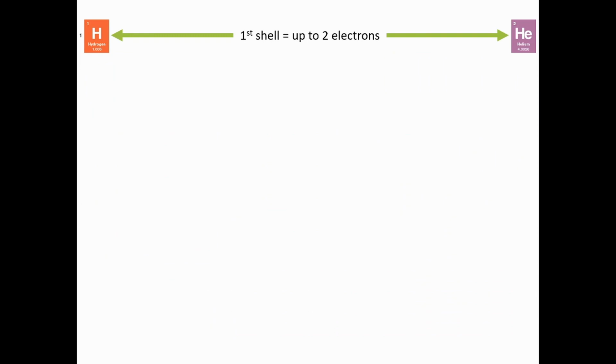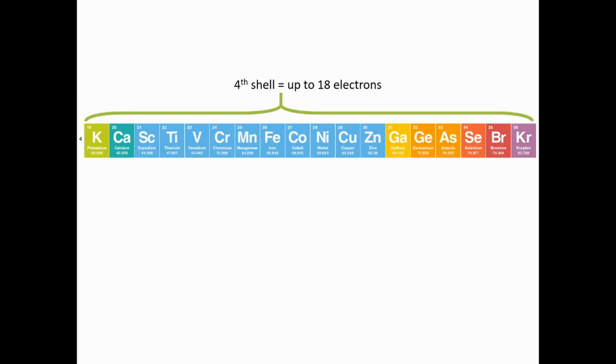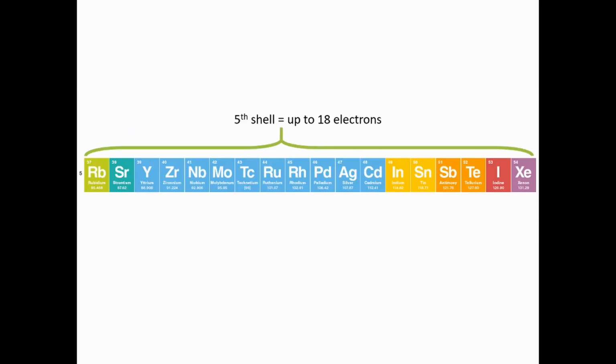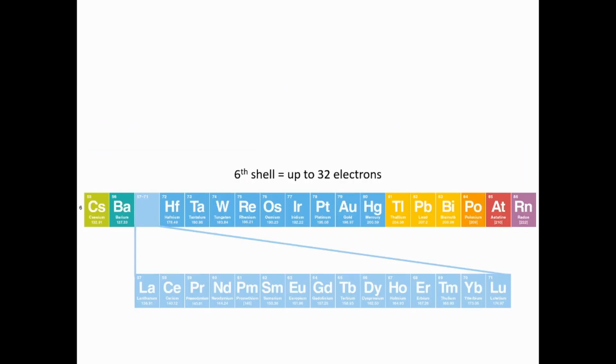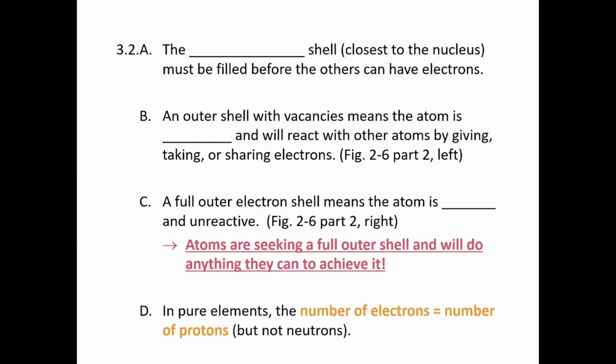We can fit up to 2 electrons, and that's it. Our second shell, we can fit up to 8. Third, up to 8. And then once we get down to that fourth shell, we can fit up to 18. And then we get down to the sixth one, 32. So we see how many electrons we can fit in the outermost shells.